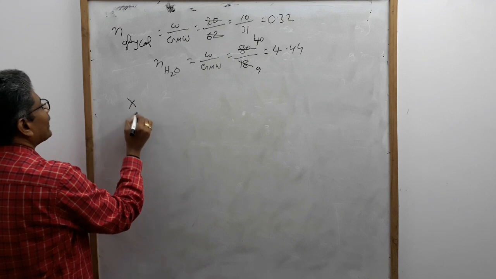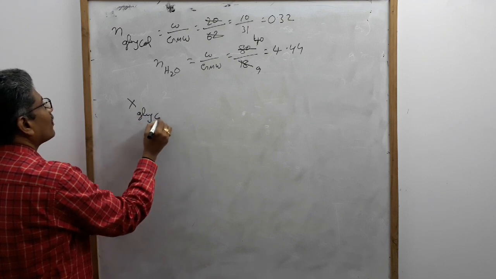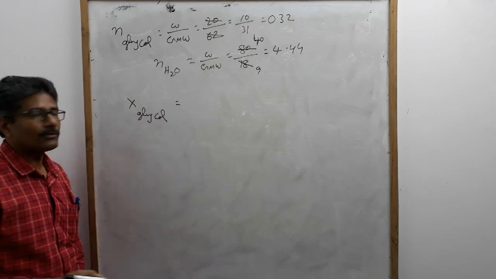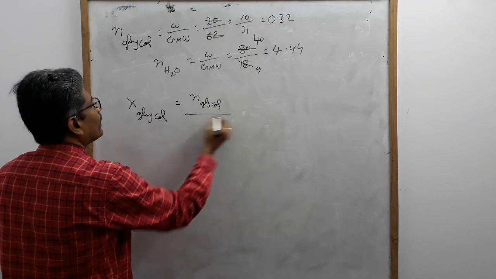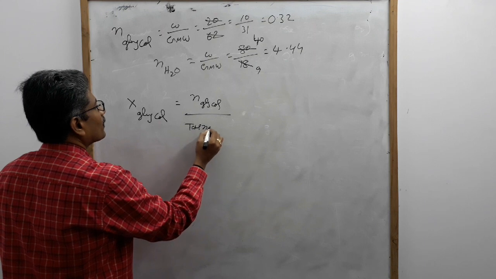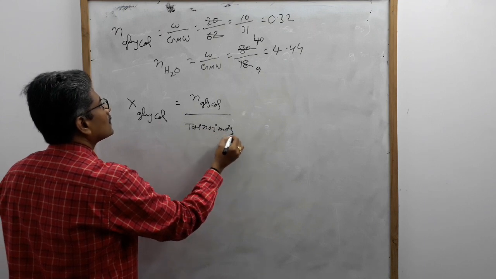Then go to mole fraction of glycol, which is equal to number of moles of glycol by total number of moles.